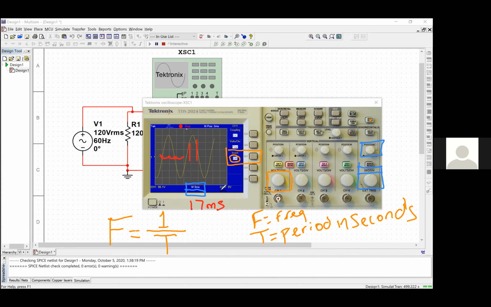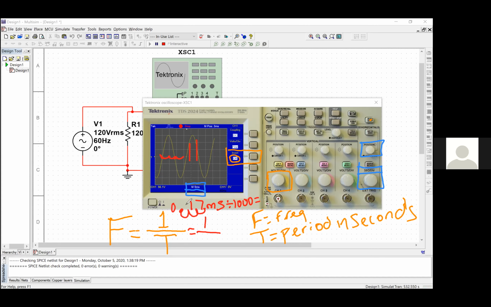Because the period has to be converted to seconds in order to be used in the formula, I will have to divide this 17 by 1,000 in order to determine how many seconds I have. Or I might as well move the decimal point 3 spaces to the left, 1, 2, and 3.